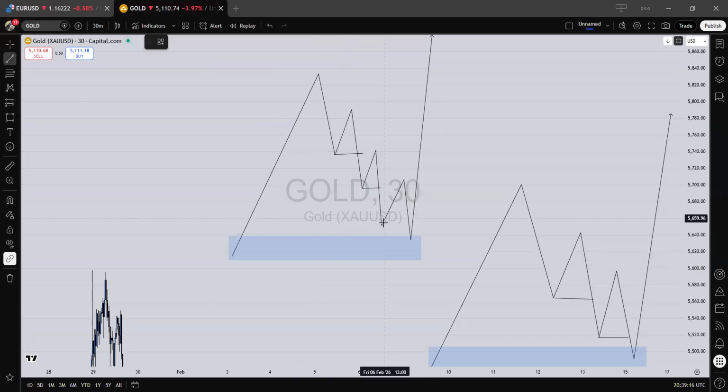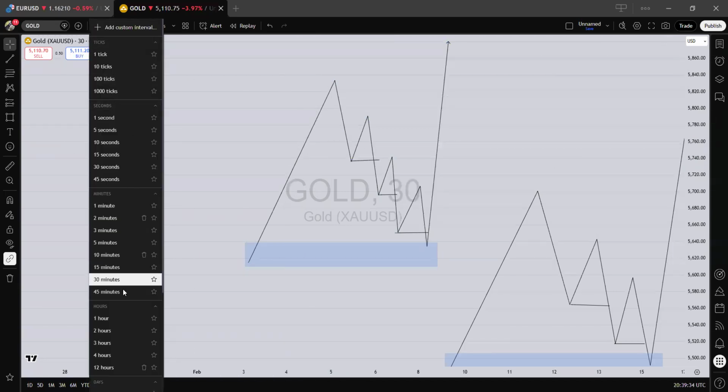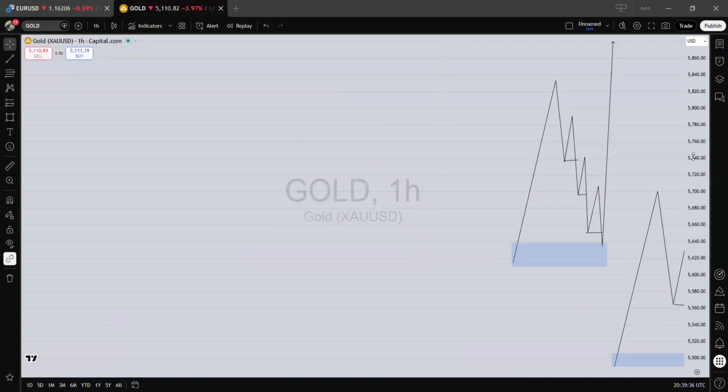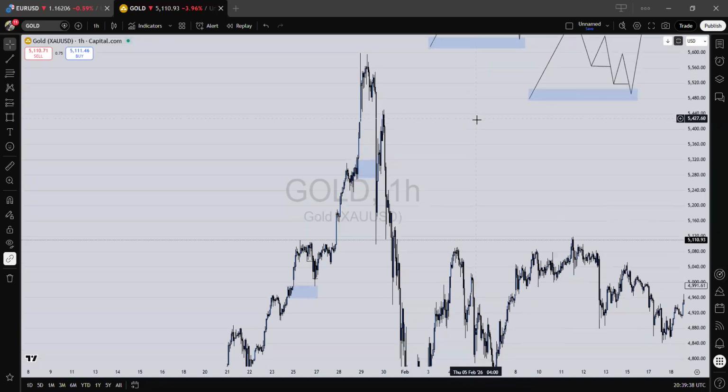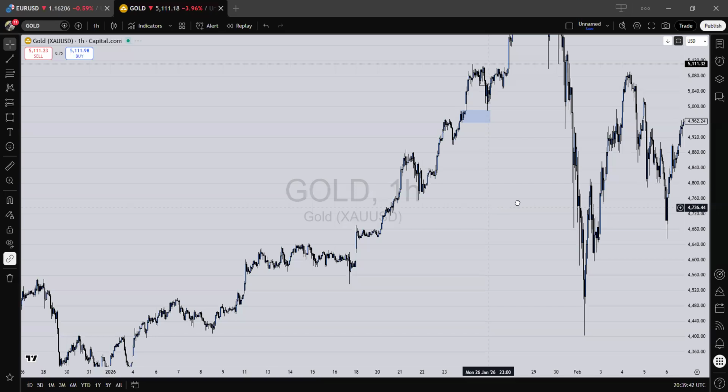First break, second break, and then the third one, before your POI. Three breaks. It gives your trade, gives your POI, high probability of playing out.